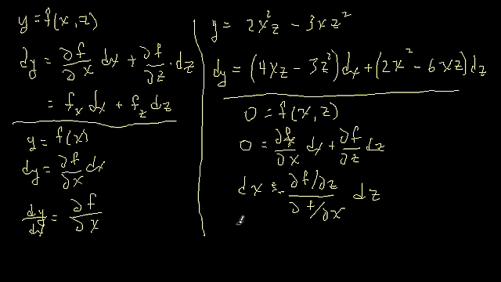So that dx over dz is equal to minus the partial derivative of f with respect to z divided by the partial derivative of f with respect to x. And because we can compute those partial derivatives very easily, we find out that this is just the derivative of the implicit function, taking the derivative of x with respect to z.